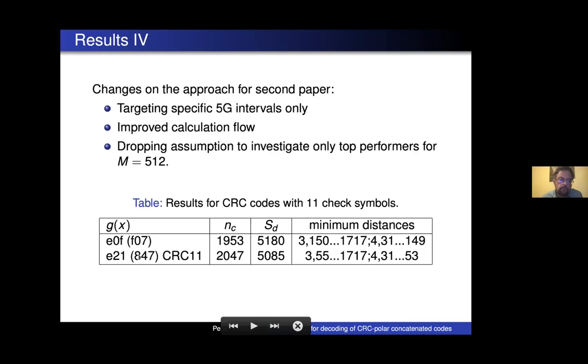And here, for the standards, we have minimum distance of 4 between 31 and 53. So in this interval between 54 and 149, our polynomial is dominant. And of course, the order of the polynomial, quite importantly, has to be larger than the interval that we investigate, and in this case, it is so.